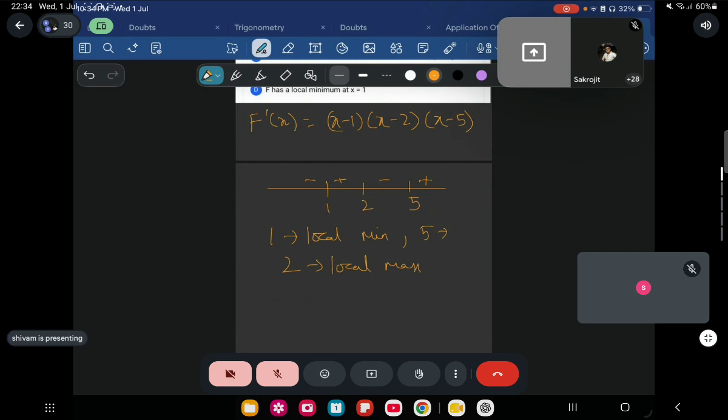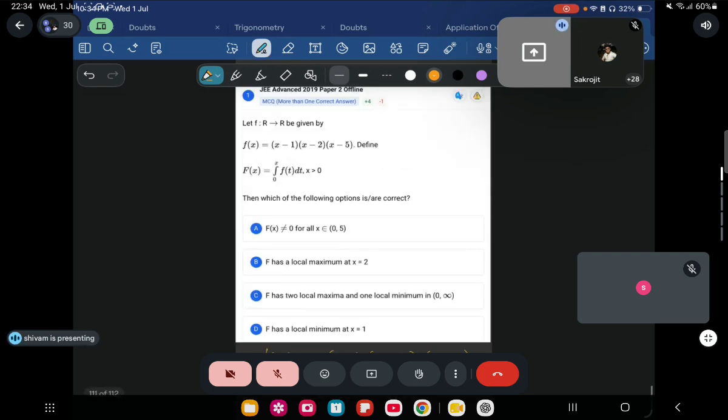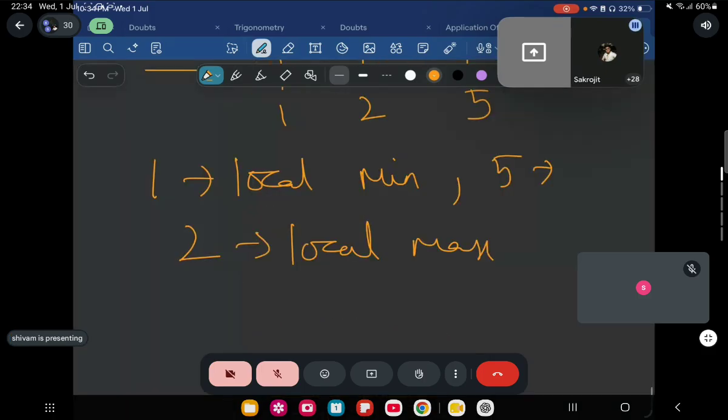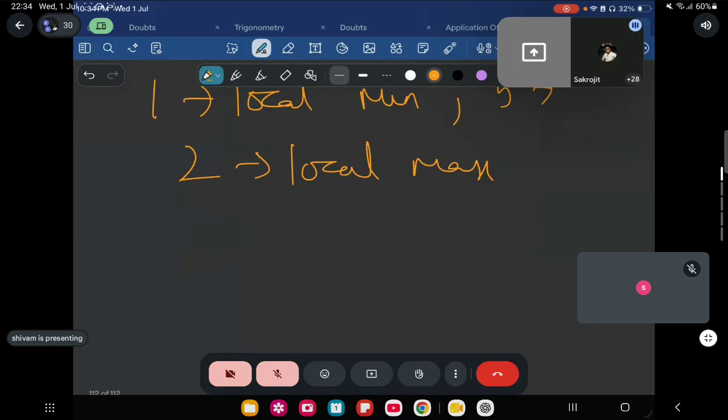But f of x not equal to 0. That means we need to prove that the area is not equal to 0. Sir, you can check in intervals like from 0 to 1, then 1 to 2, and 2 to 5, all open intervals. No, wait, let me think. Total area, they are talking about total area.